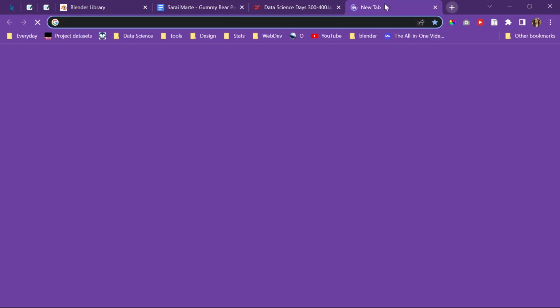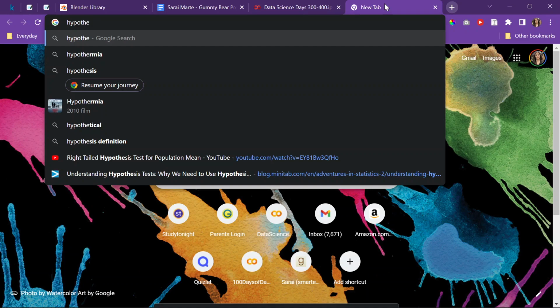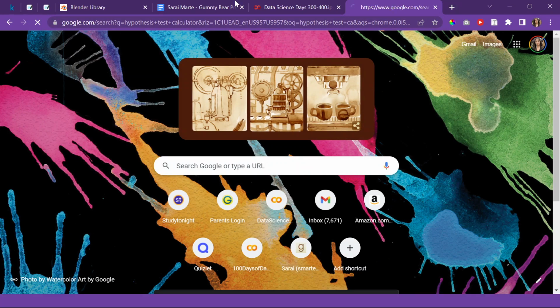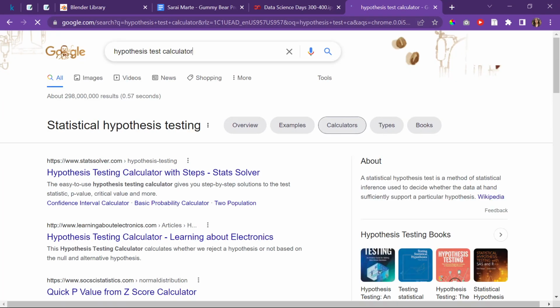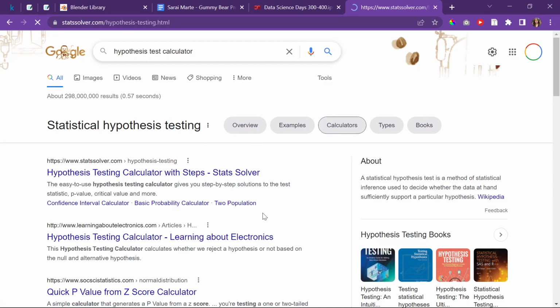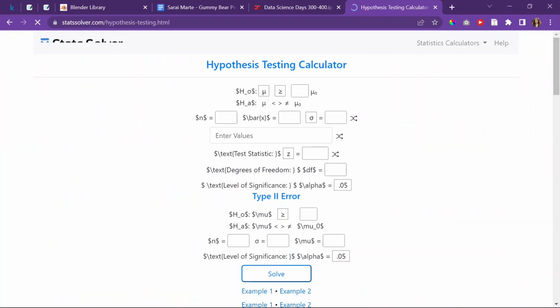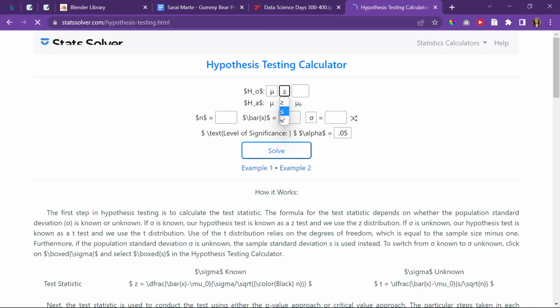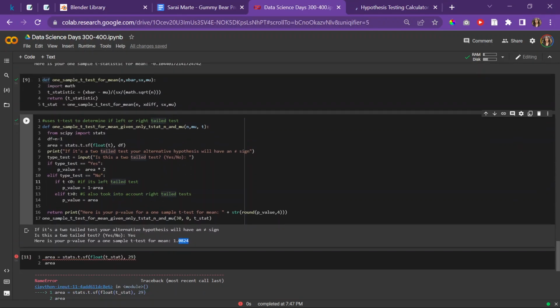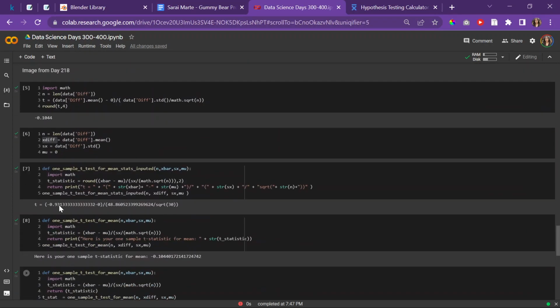Let me check the answer. Hypotheses test calculator, t. Just to show you. Mu equal to 0, not equal to 0, and n is 30. X bar was negative 0.9 something.